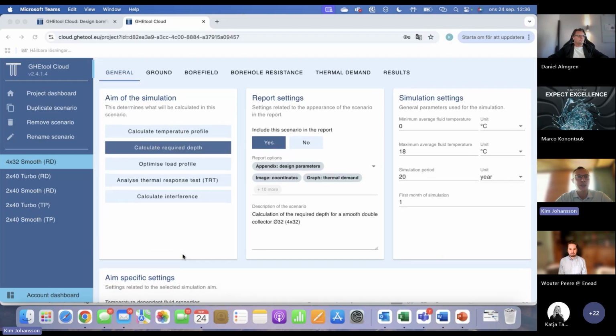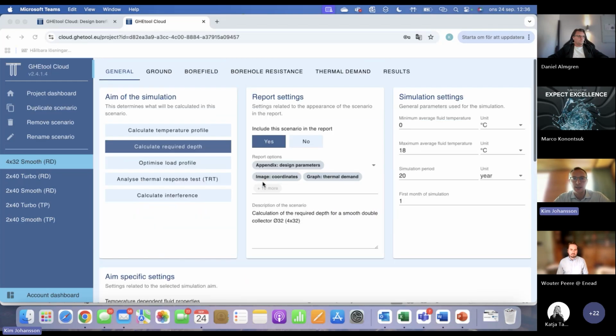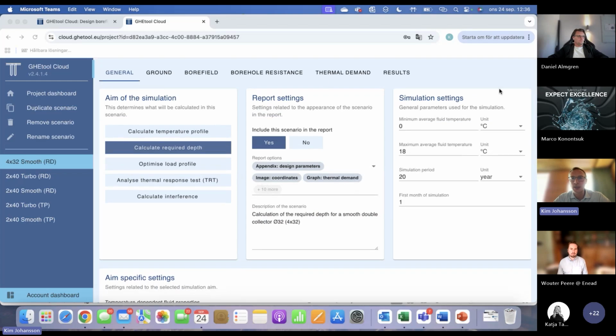What we have made here is basically two different scenarios, or one example, but we're looking at two different things. I must say that GHEtool is quite easy to use for a new user. It's quite straightforward, and we will go through the examples that we have made.